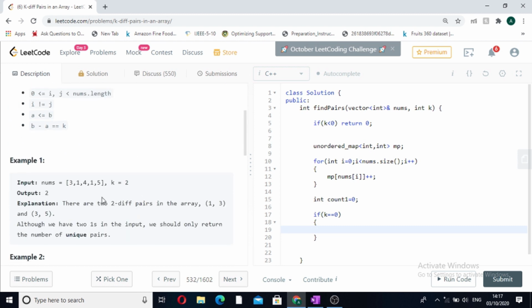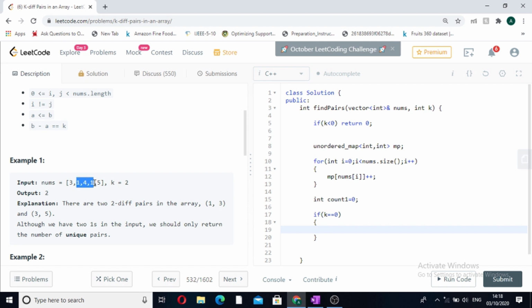That is, in this case, only one pair will exist, that is this one and this one. So these values must be same and must be at different indexes. So when our k is equal to 0, we have to find those values whose frequency is greater than 1 in the array.